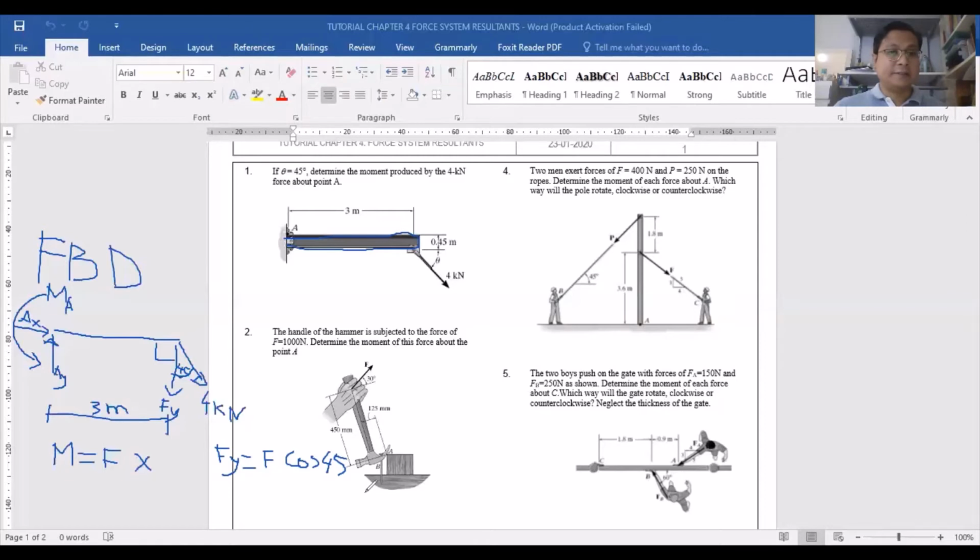After that, we calculate. So we can go to the answer. How much? Yes, 4 kilonewton cos 45.